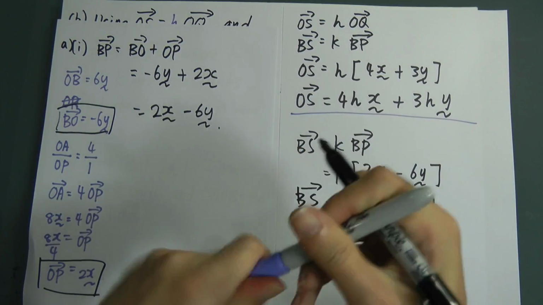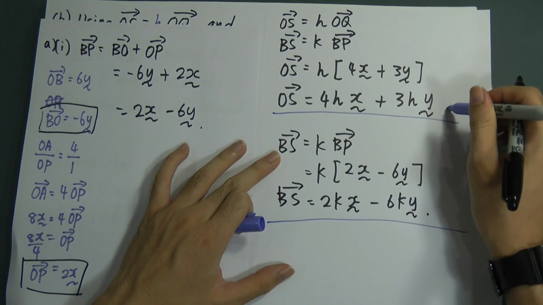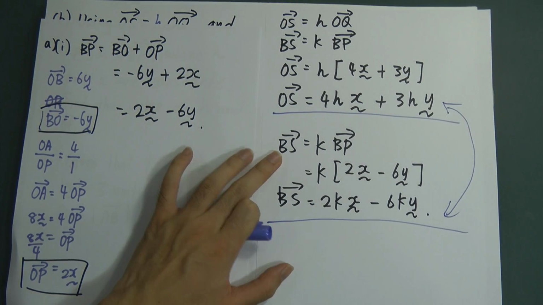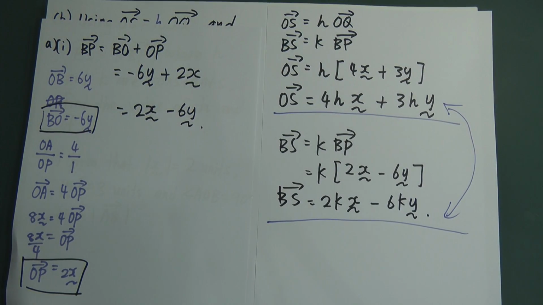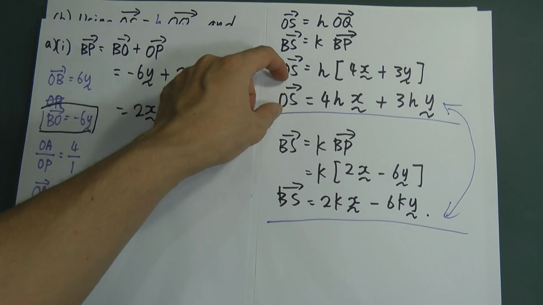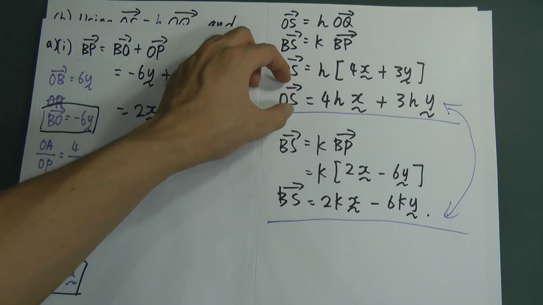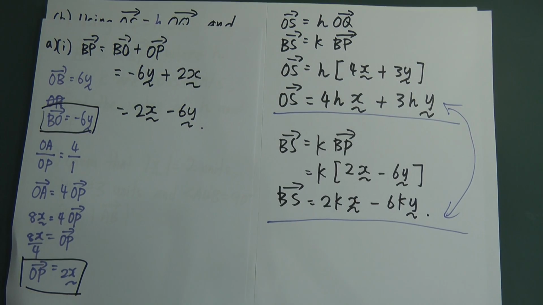I have to make the connection between this one and this one. I must connect both of these. In order to connect them, you expand OS to become OB plus BX, then you substitute BX into it, or you expand BS to become BO plus OX, then you can substitute OS into this. This is the way I say connection.